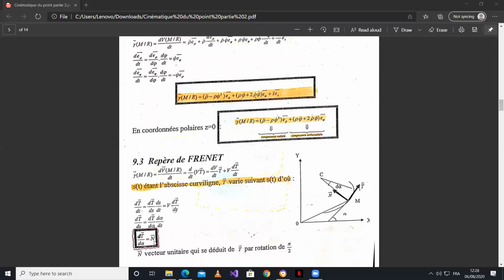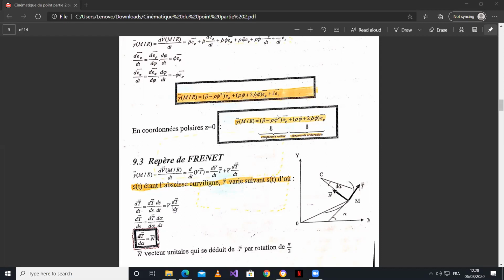It's like we'll be making the vector tangent rotate 90 degrees. And when it rotates 90 degrees, it's going to come to this one, which is at 90 degrees to it, which is a vecteur unitaire n. So you see, we have dealt with this one. We have gotten an expression for it: dt over dα is equal to n.